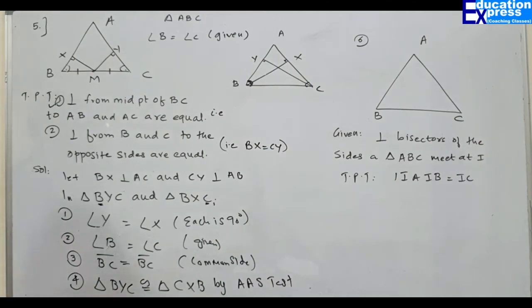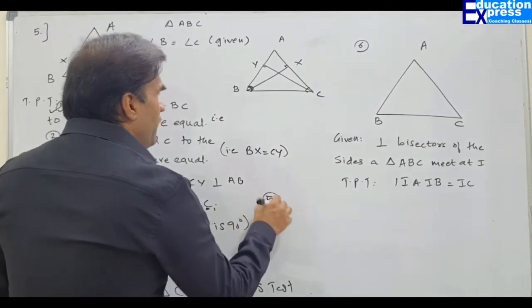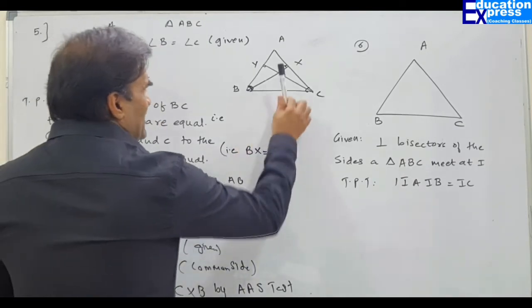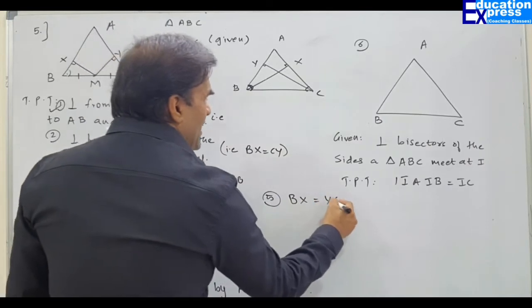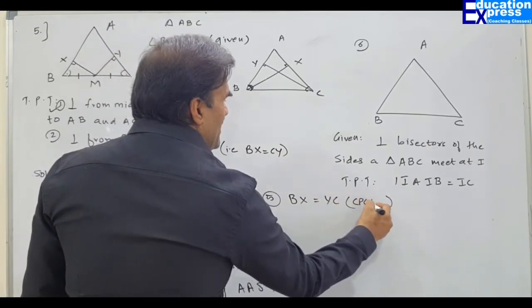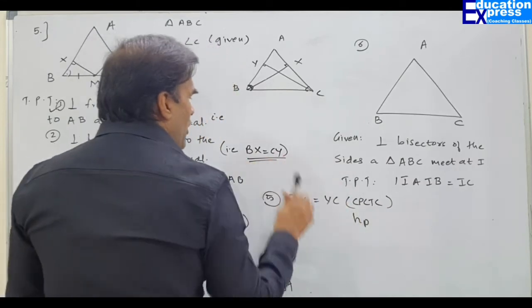Now, since the triangles have been proved congruent, the fifth part would be: we can easily say that BX is equal to YC by CPCT. And so, hence we have proved what we wanted to.